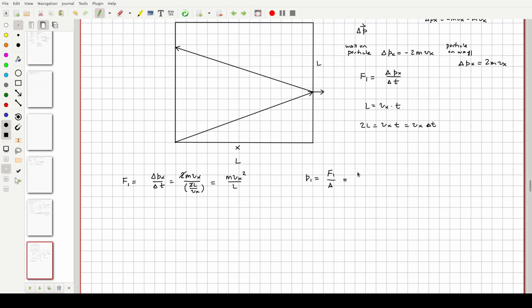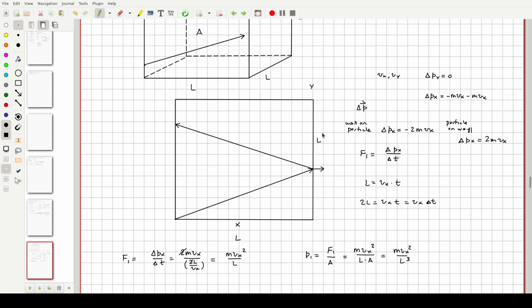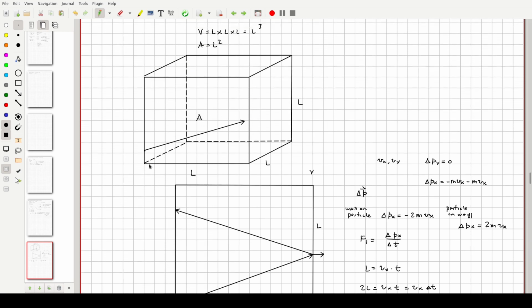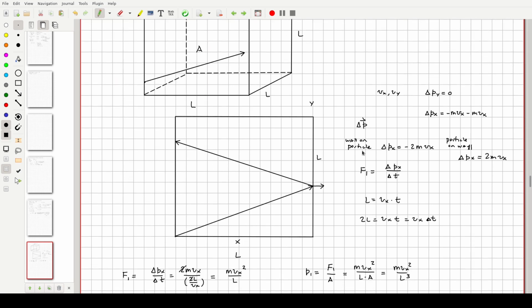So this would be mvx squared over L times A, but A is just L times L. And if you go up here, L times L times L is the volume.